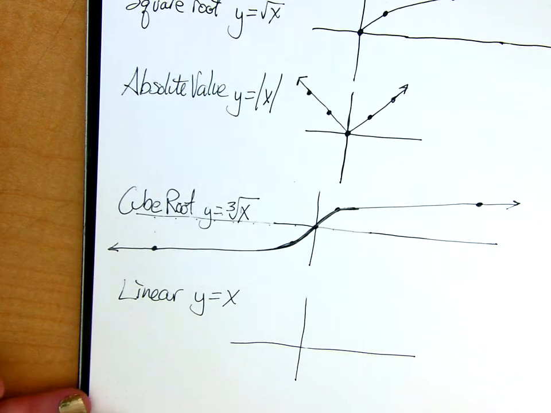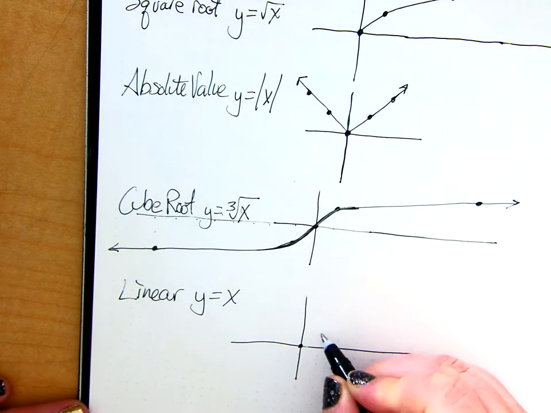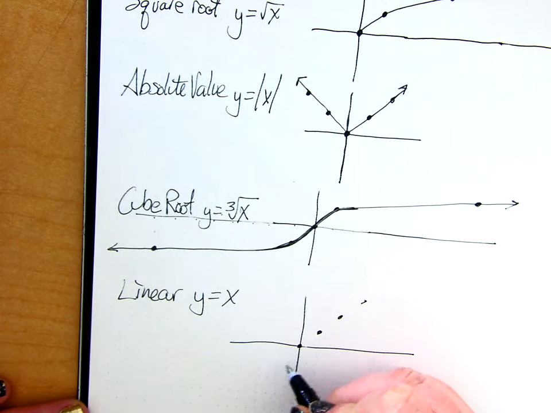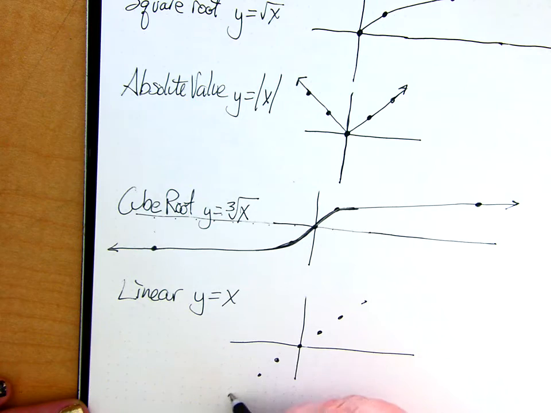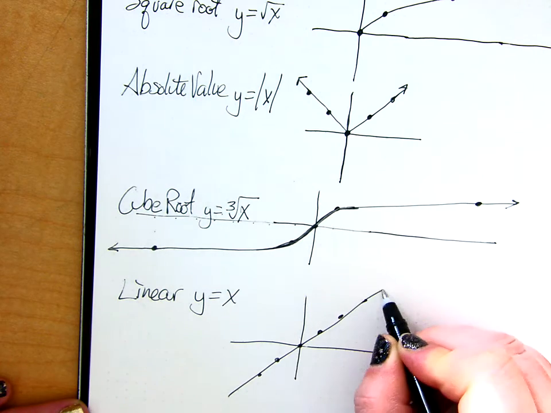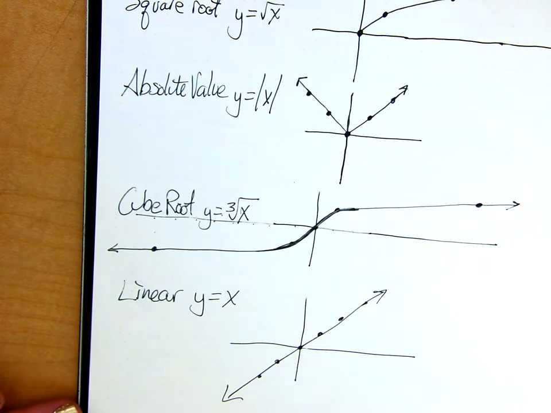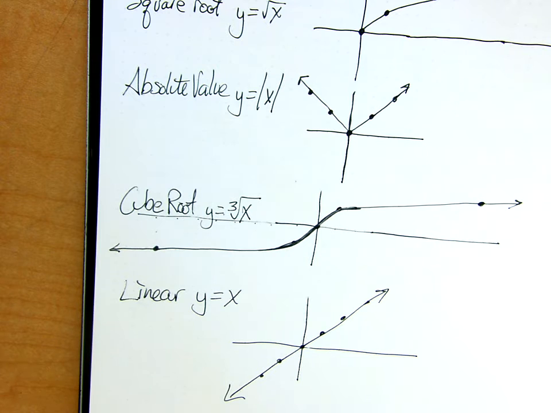So it's the straight line that goes through the origin and just goes up 1 over 1. Okay, so these are the parent functions for these certain ones.